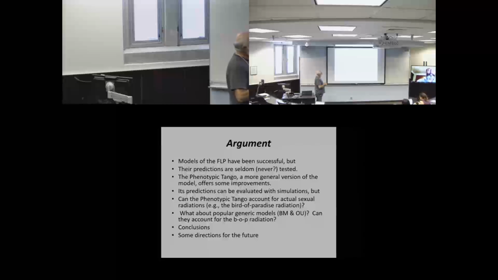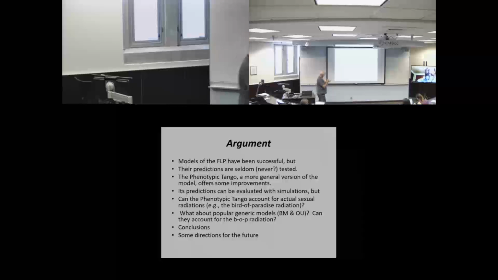Okay, then we're also going to look at a subset of the radiation with the OU and Brownian motion models that you guys have been using, which we talked about yesterday and today. We're going to see if they can account for the BOP radiation, the bird of paradise radiation.